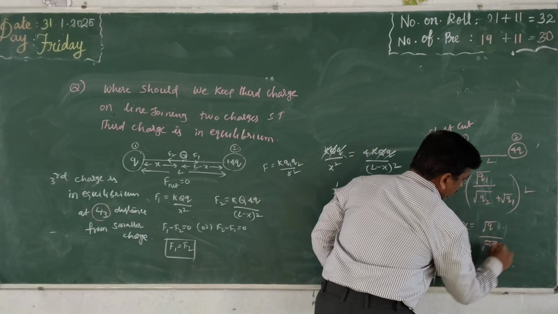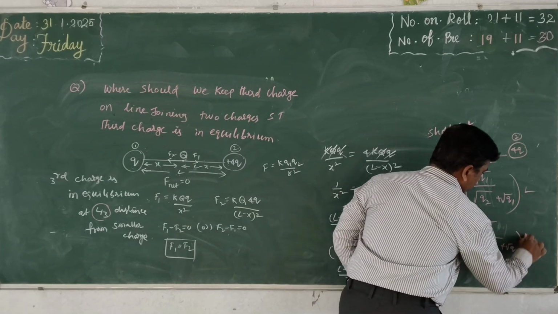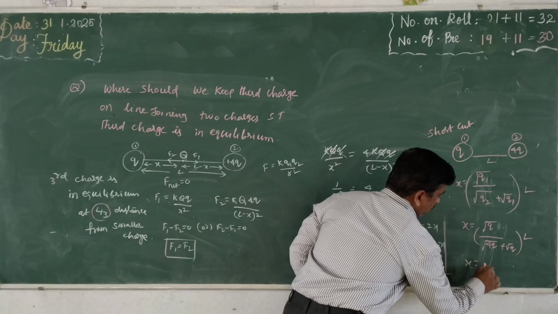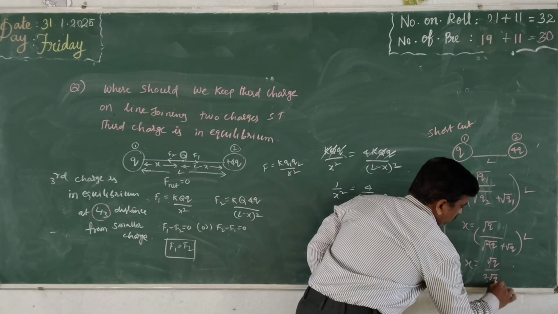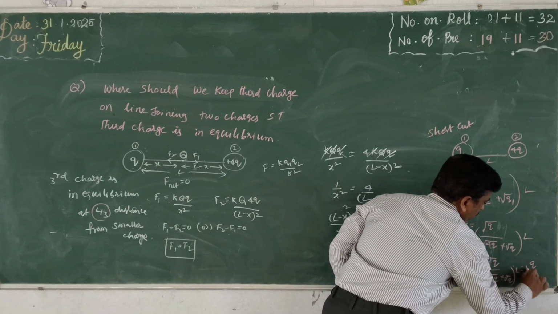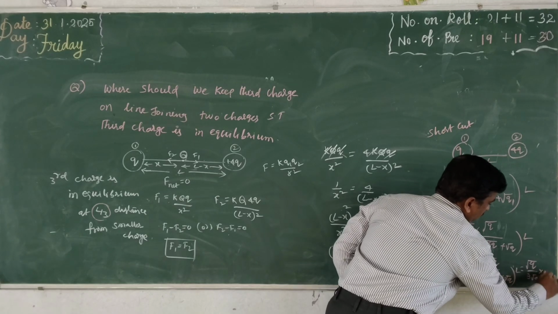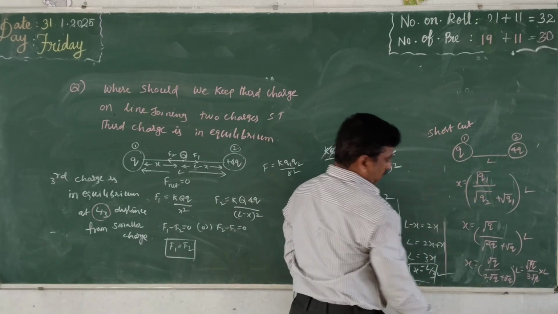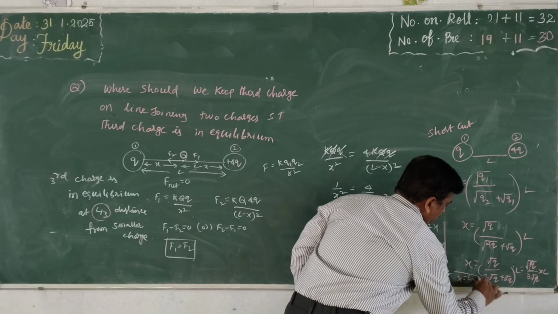Root Q by root 4Q plus root Q, into L. Here 2 root Q plus root Q means root Q by 3 root Q, into L. Q cancels. What we get? x equal to L by 3. We get the same value.